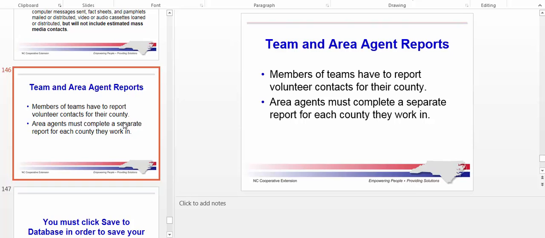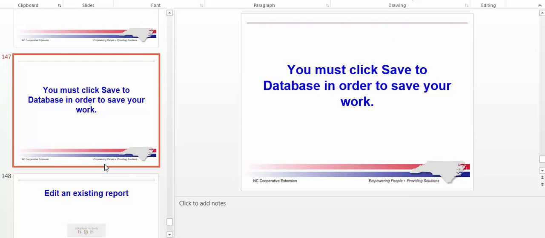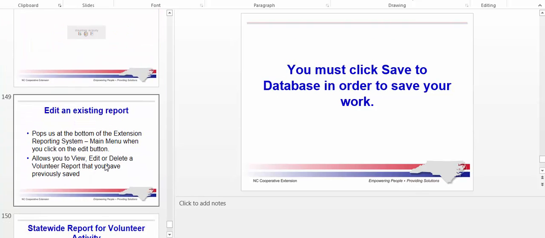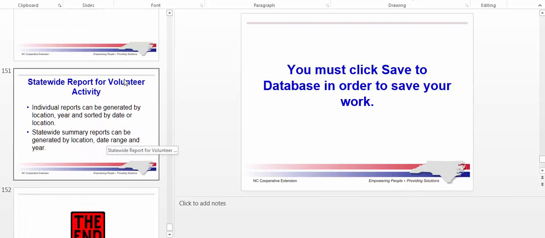Members of teams should report volunteer contacts for each county. Area agents must complete a separate report for each county they work in. You must click to save to database. You can edit, look at the statewide report.